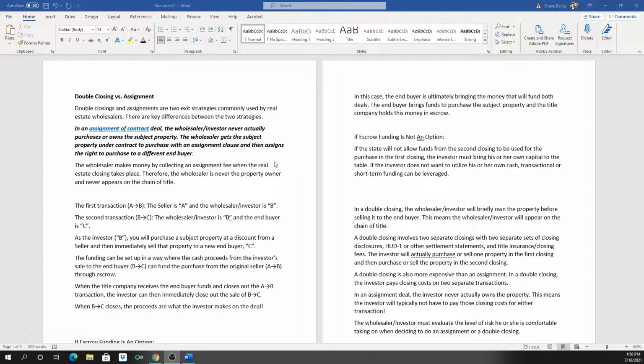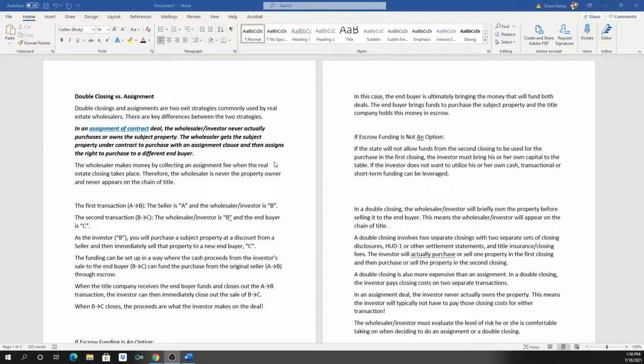Okay. Also, keep in mind, not every state allows assignment of contracts in real estate. Make sure you check your state regulations to see if it actually is legal in your state. Most states still allow it. Here in Colorado, they're cracking down on the loosey-goosey format of wholesaling.